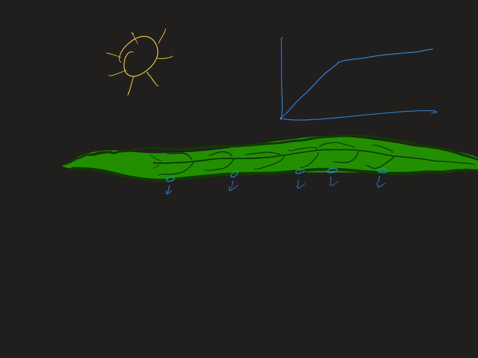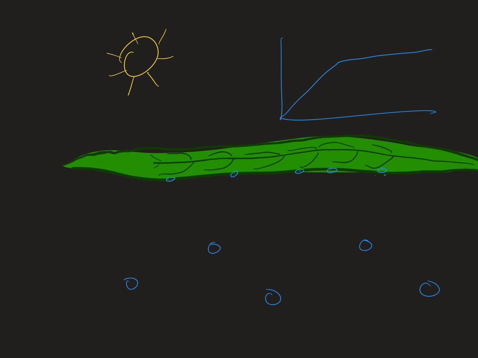Now, let's talk about temperature. Increasing the temperature of the surroundings means that water is more likely to evaporate quickly. So let's draw several arrows to represent this. Now, let's think about humidity. How do you think humidity affects transpiration? Well, humidity refers to the amount of water particles that are already in the air.